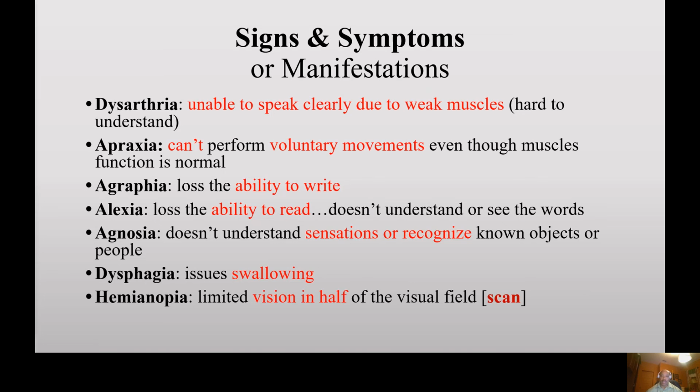Then you also have agnosia, again, doesn't understand sensation or recognize known objects or people. And then we have dysphagia, which is swallowing, and then hemianopsia. They have limited vision in half of the visual field, which is one of the reasons why we tell these types of patients who can't see on a particular side of the body to scan the entire area to make sure they don't miss anything.